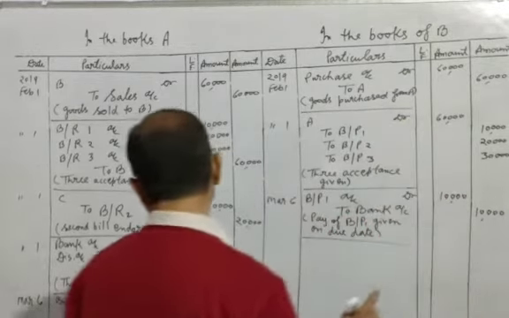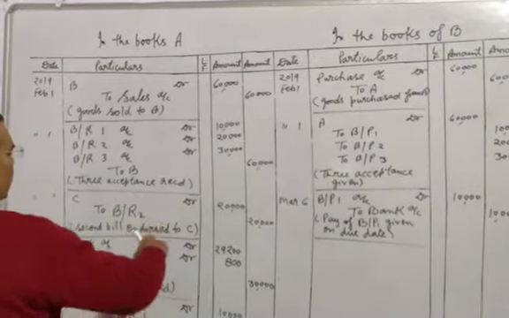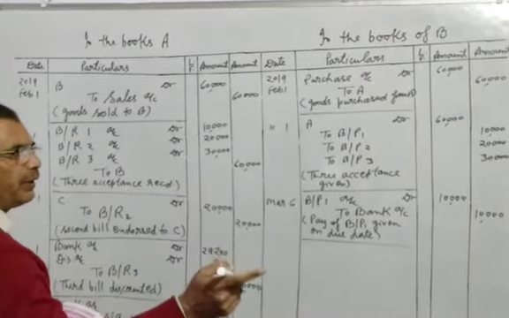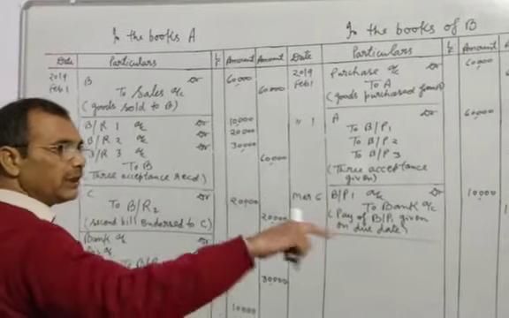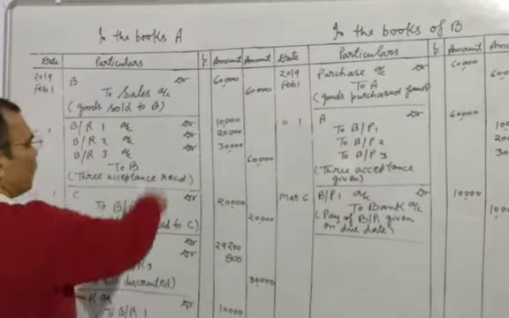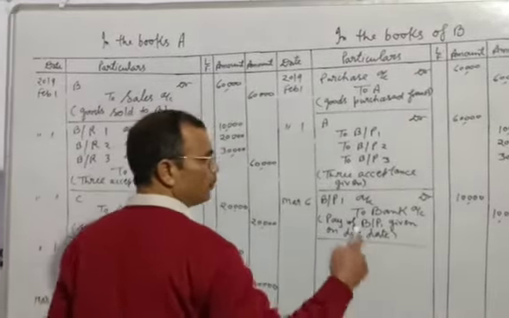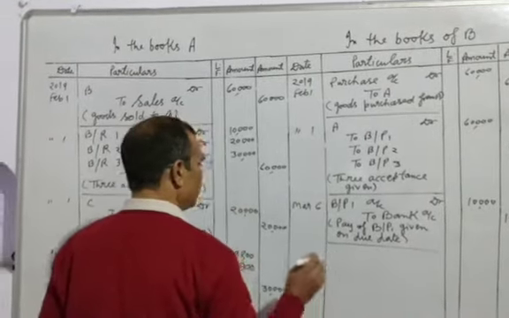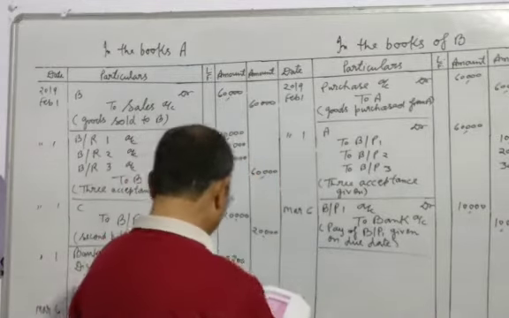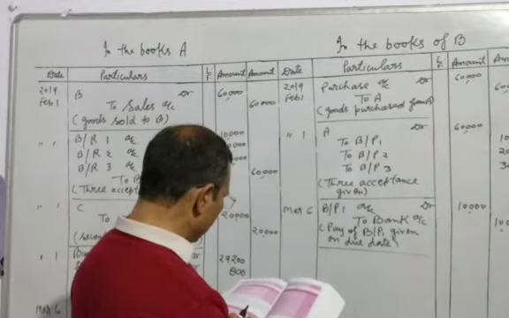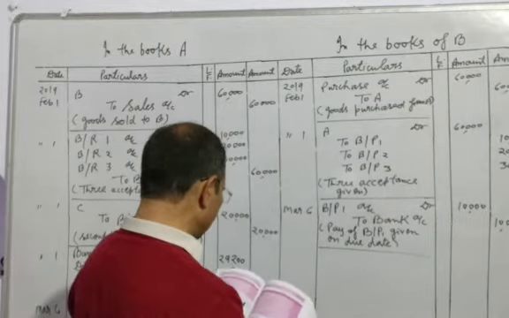Now the second bill was endorsed, you can see here. So the second bill was endorsed to C. On the maturity date, C will go to B, and B will make the payment to C. So C will get the payment, that's why A will not get the payment here. Okay, so we will not make the entry in the books of C, but we will make the entry in the books of B. The duration of the second bill was 60 days.